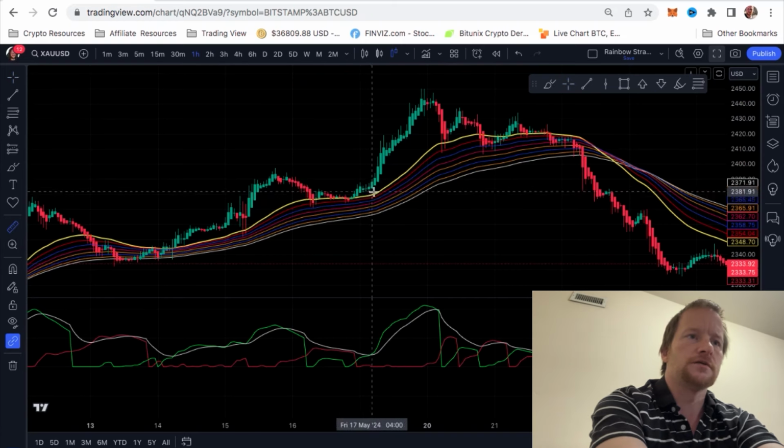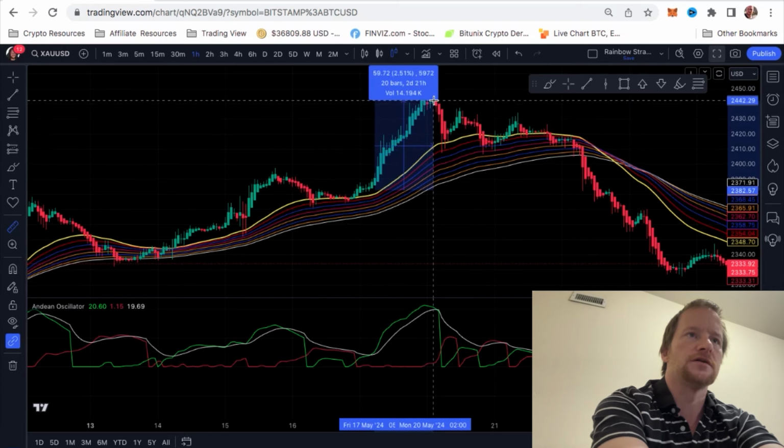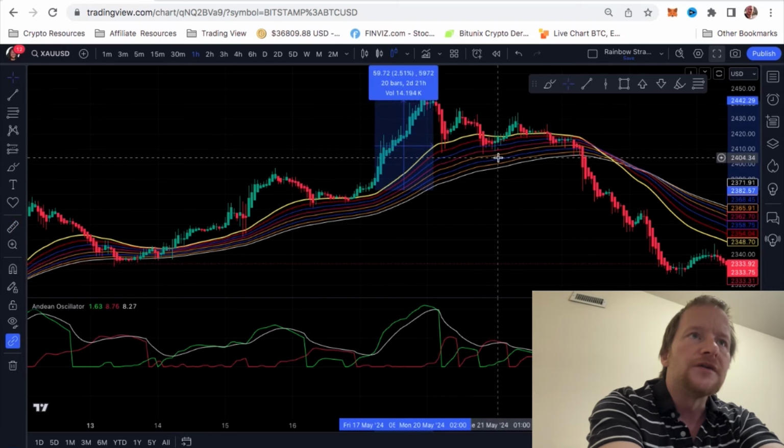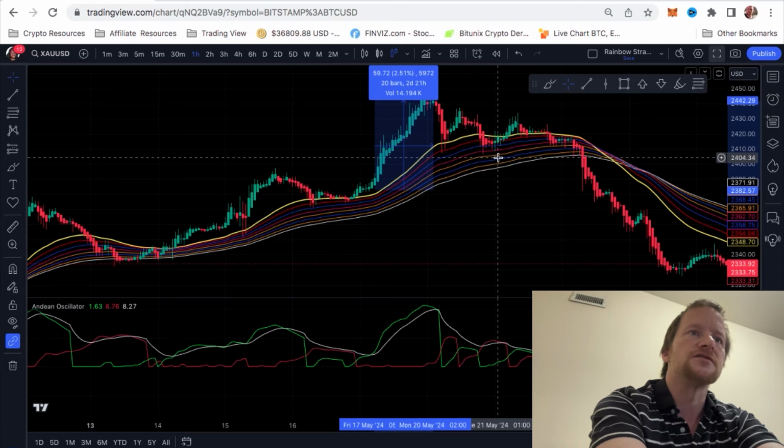It crosses again right here. If you rode this out till it touches the signal line, this is about 6,000 pips, so it's about $60 right there.